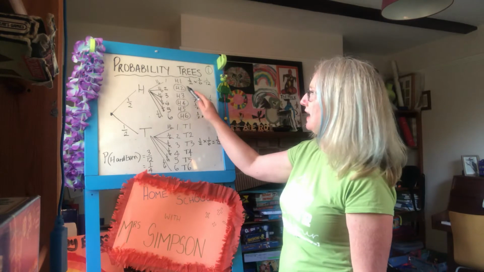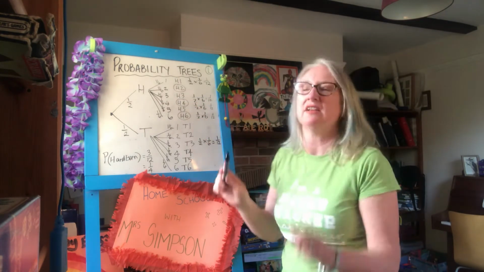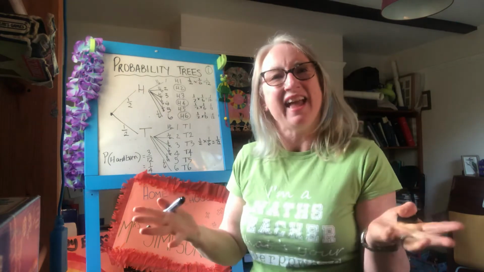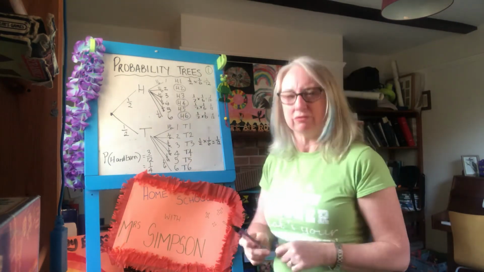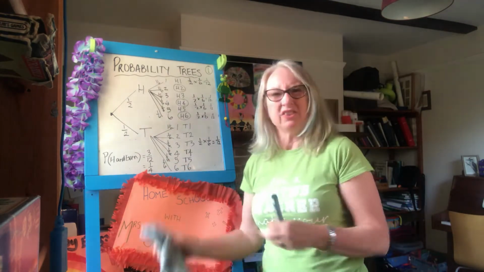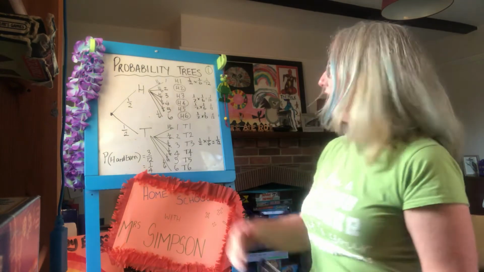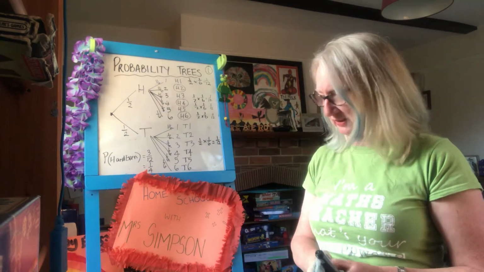We either have heads and 2, or heads and 4, or heads and 6. Remember, or is add. So 1/12 plus 1/12 plus 1/12 is 3/12, which cancels down to being a 1/4. So this is how we use a tree diagram. We put our numbers on each branch and it works out the probabilities.